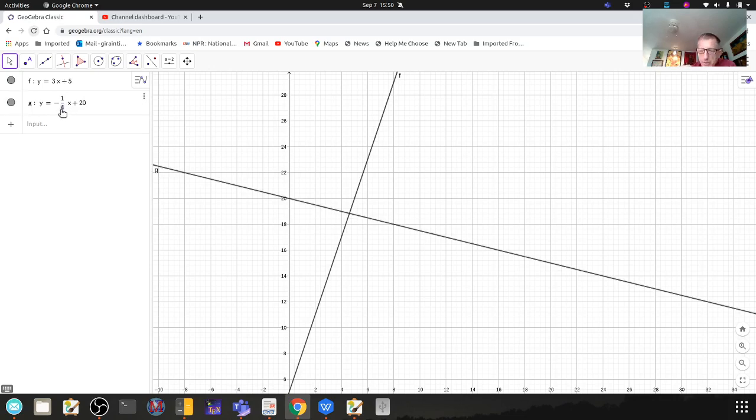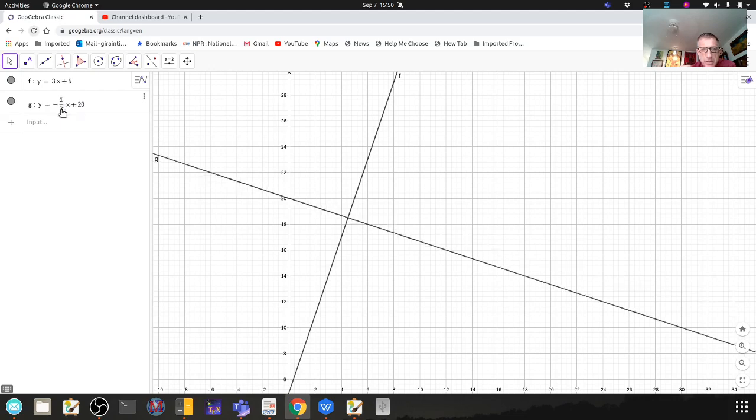Instead of putting 3 there, what if I put 3.00021 or 25? Looks perpendicular to me. Well, it actually changed it to that, but it wouldn't be. If it was actually minus 1 divided by 3.0025, it would be really close to perpendicular, but not quite.